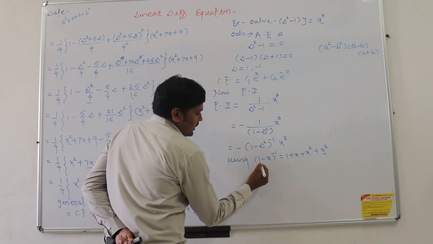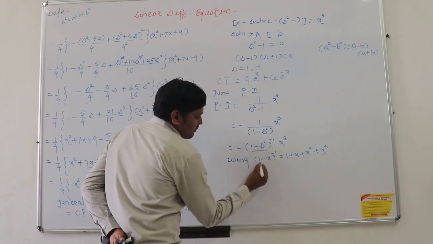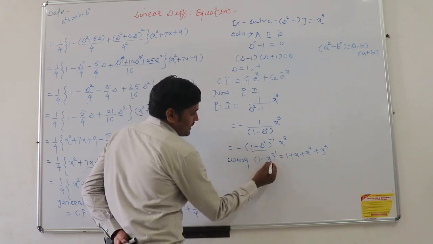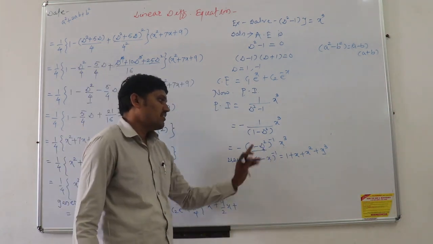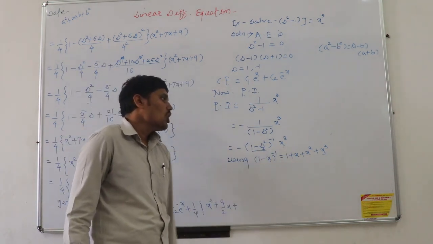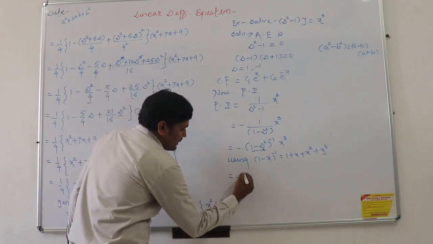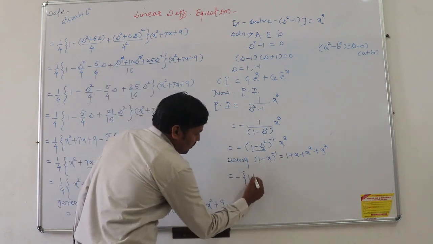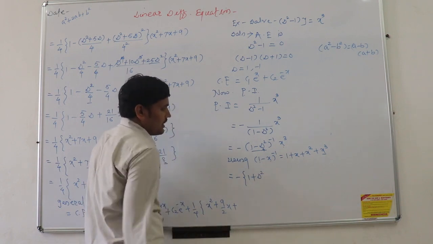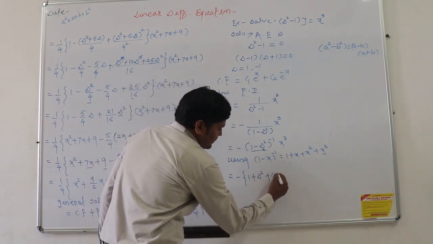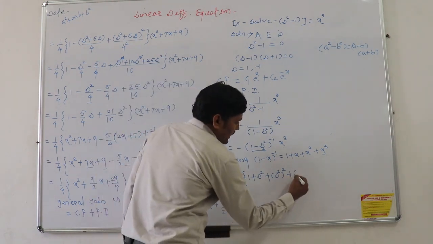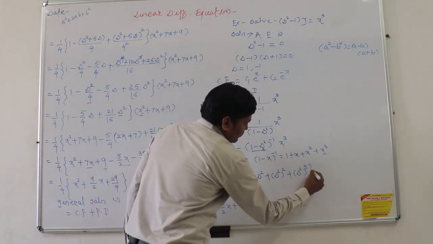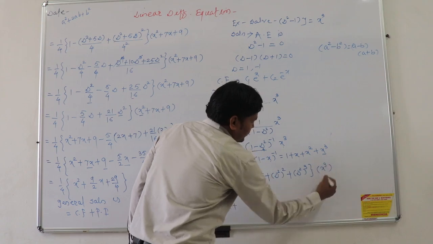If we compare with this bracket, the first term is 1, then the second term is x, so here the second term is D square, meaning x is D square, so we have to substitute x equals D square. So minus, as it is, 1 plus D square plus (D square) square plus (D square) cube, into x cube.